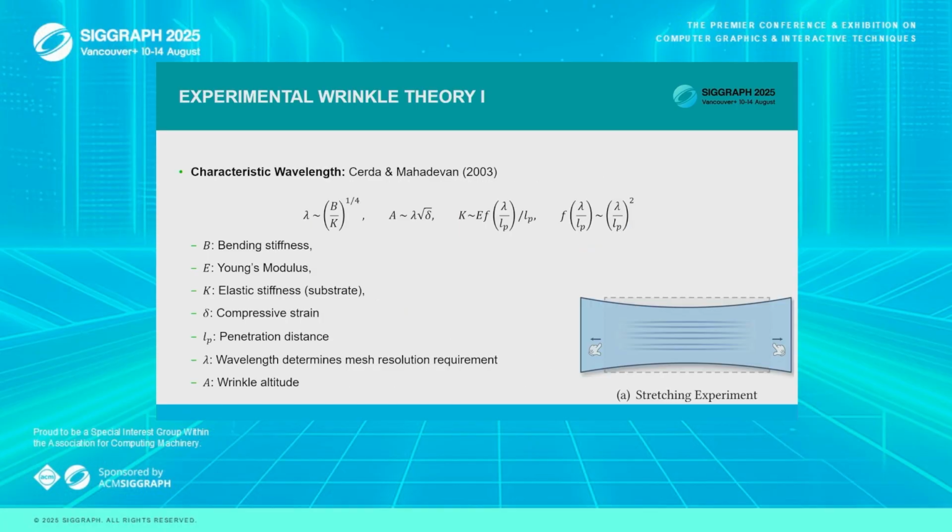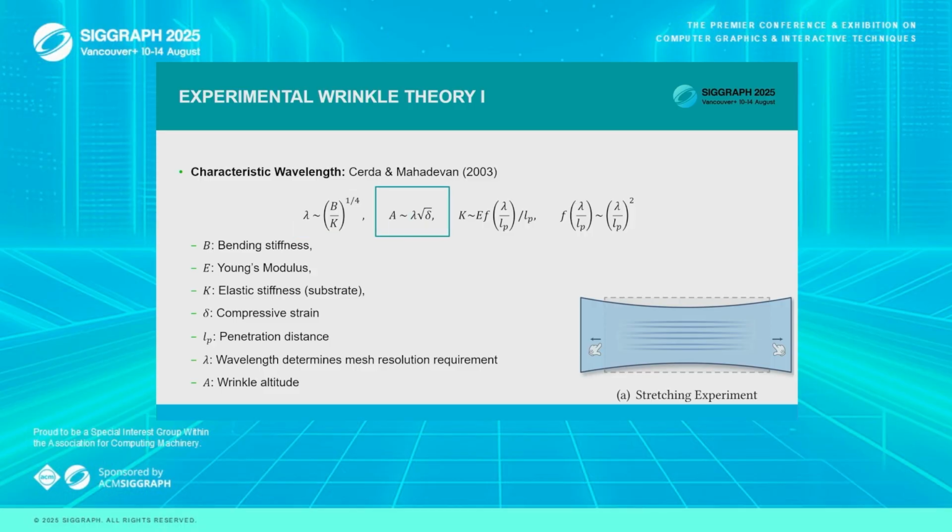Okay, let's see the first experimental wrinkle theory that our method builds on. This theory describes the characteristic wrinkle wavelengths in thin materials. In a basic stretching experiment, the first formula tells us that the characteristic wrinkle wavelength is proportional to the fourth root of the ratio between bending stiffness and the elastic stiffness.